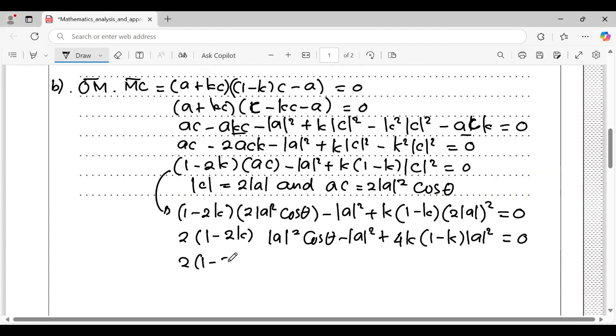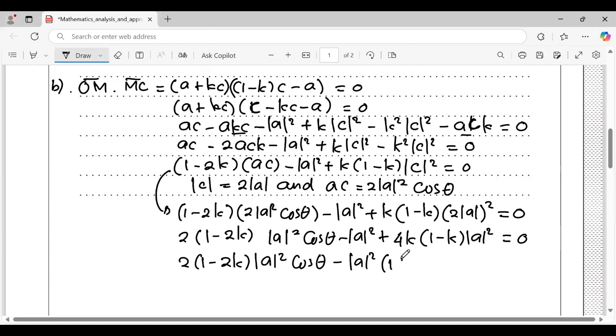It becomes 2 times 1 minus 2K, A squared cosine theta, minus, I would like to factorize like this, A squared times 4 times this one, 1, and 4 times K squared times K, it becomes 4K squared.